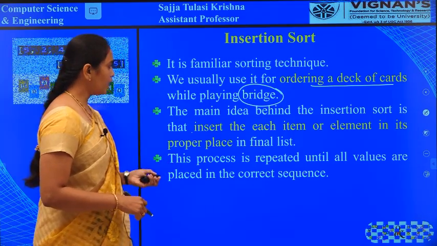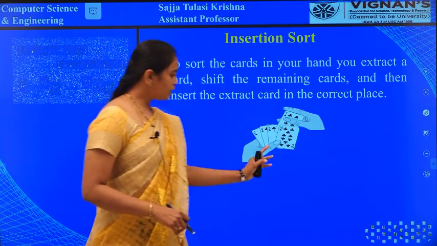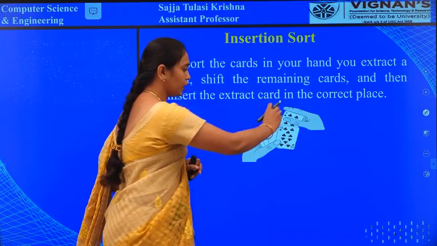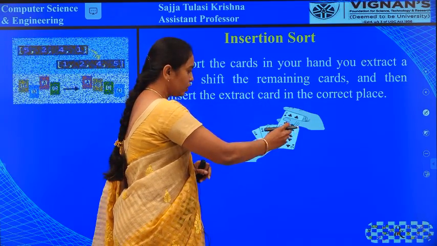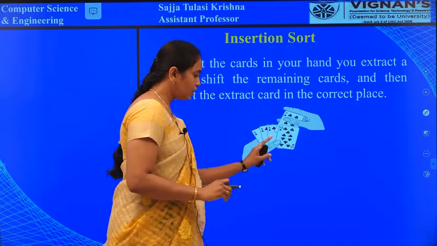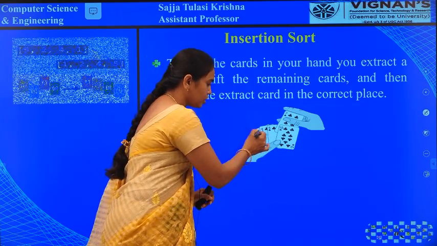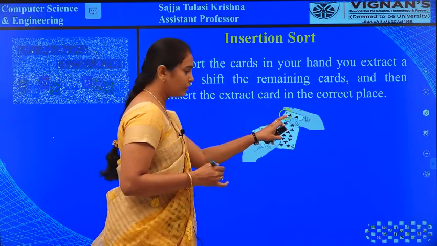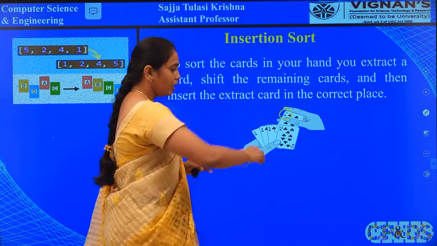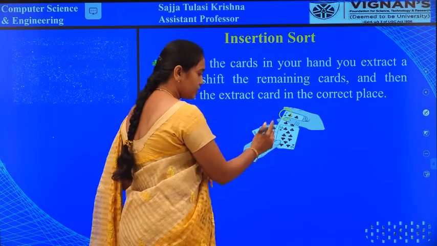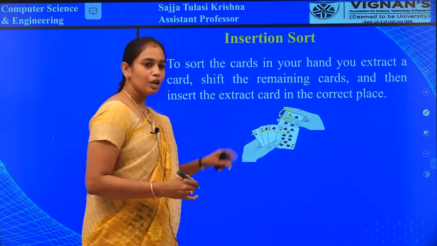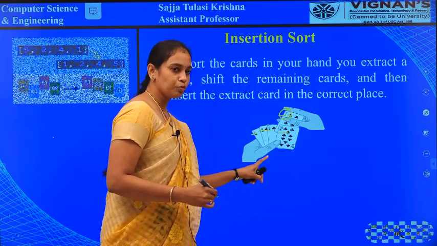Now see the example. While playing the bridge game, we take a card out and place it in its proper position. Here, the card taken out is 7. It is placed among 2, 4, 5, 10 in its right position.